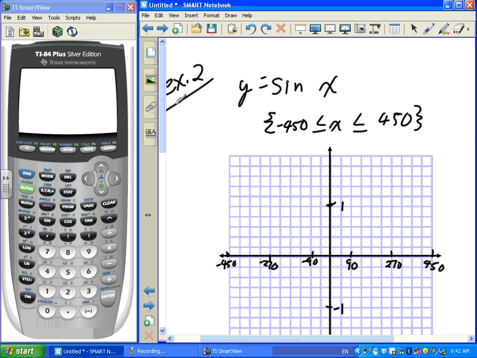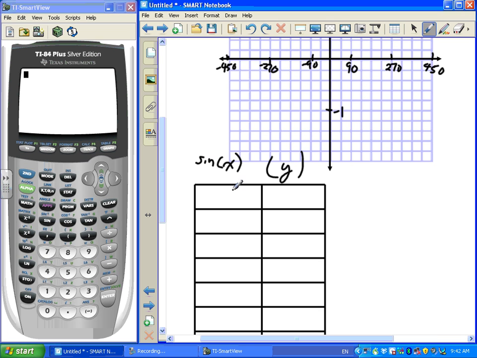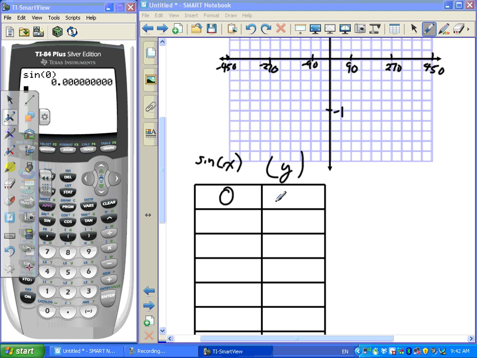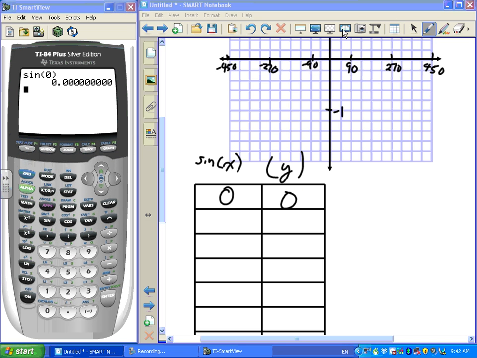Assuming we have never graphed a sine wave before, we're going to go by our x and y coordinates. So, sine x. I've looked at my graph. I have 0, 90, 270, 450. When sine x is 0, y equals 0. Pretty simple. Okay? Let's take another coordinate, 90.